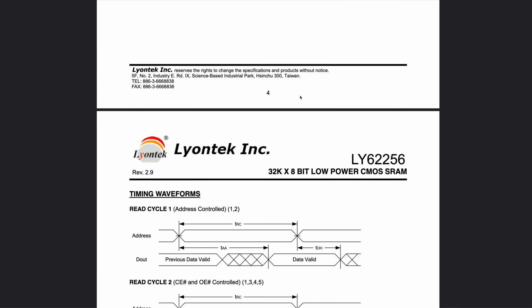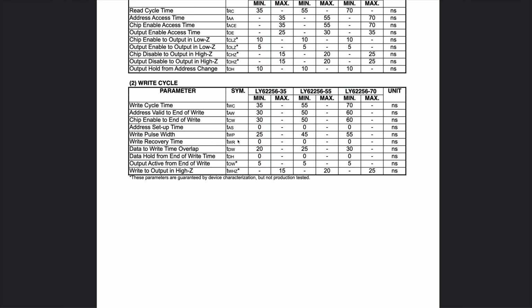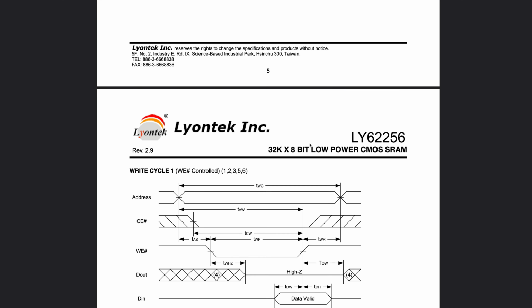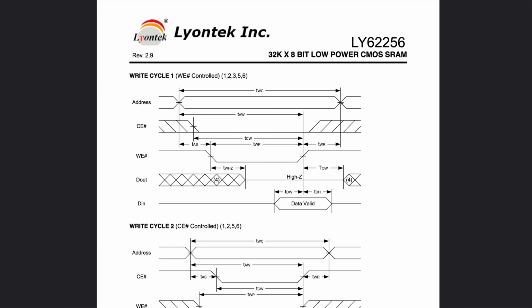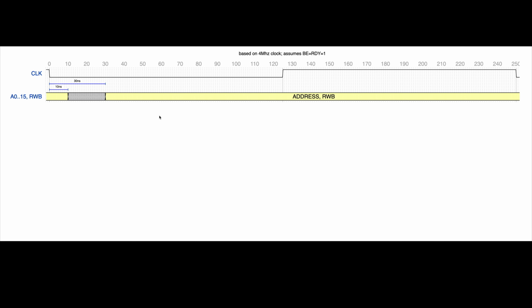And if you look at the timings, TWR, the write recovery time, is a minimum of 0 nanoseconds. And so that means that the address pins can't start changing before the write pulse is finished. So if we take a look at the timings of the CPU, we know that the address pins and the read-write pin are valid from 10 to 30 nanoseconds after the falling edge of the clock.